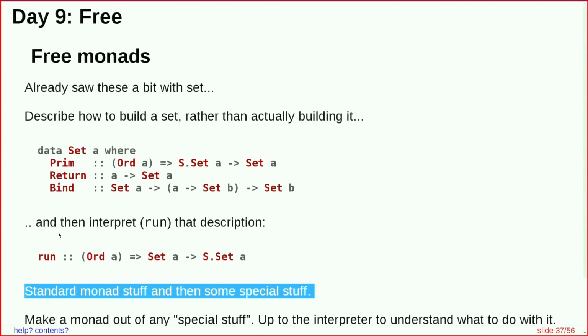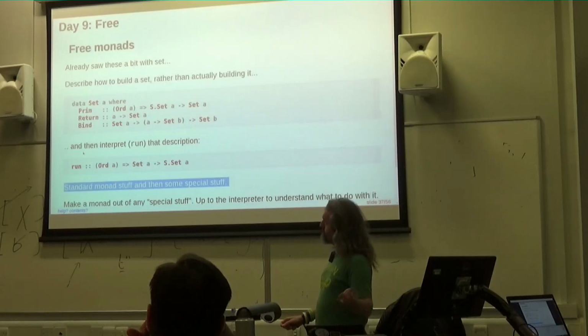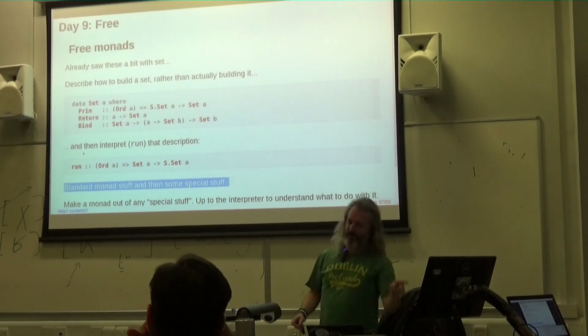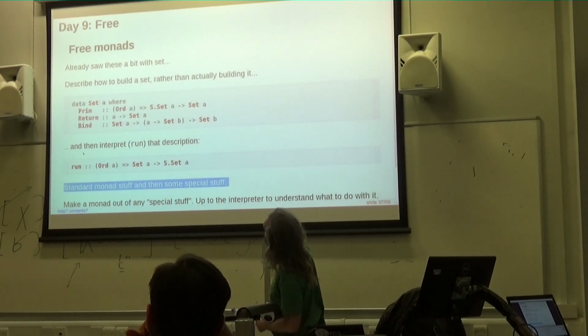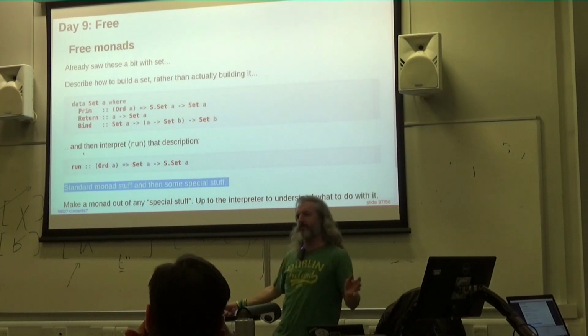Okay, so free monads, we've seen these already, it turns out, several days ago on the set monads. If you click the hyperlink that takes you back to the set post that I wrote, we've got this set thing which is describing how to construct a set.